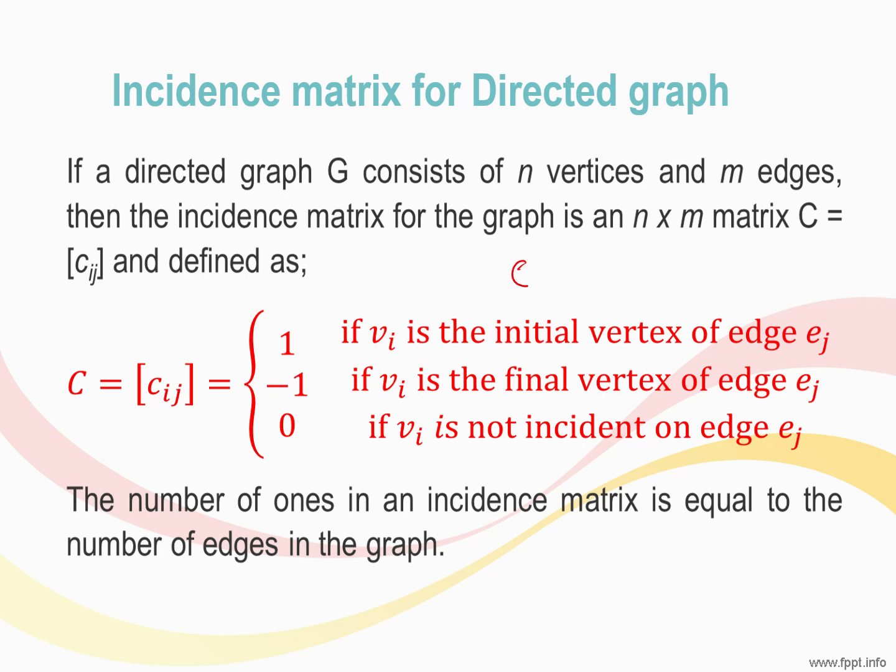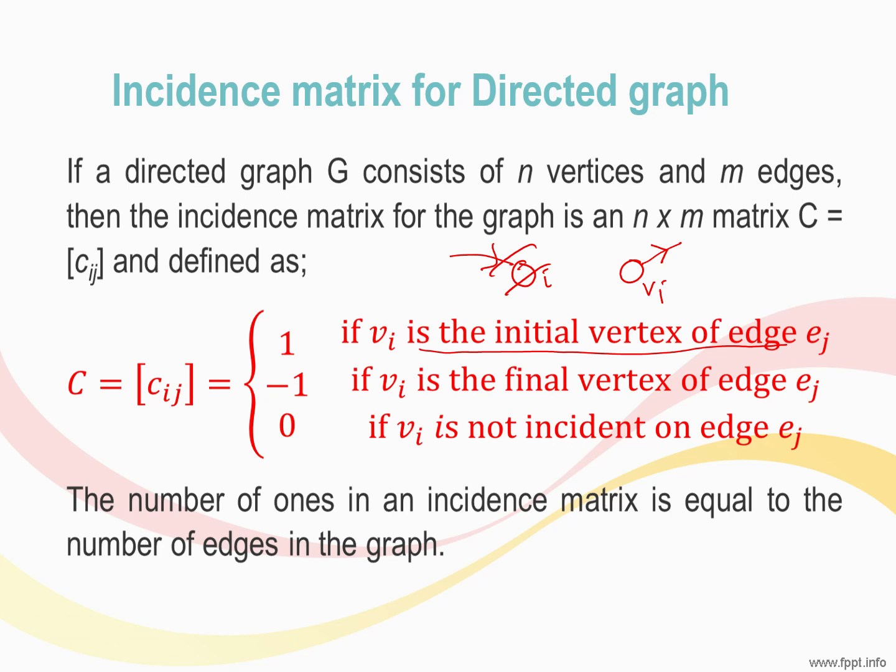If there is an edge going out from a vertex, let's say vertex Vi, then you have that Cij is equal to 1. Okay? If Vi is the initial vertex of Ej, this is simply described as the edge that is incident to vertex Vi with direction out from vertex Vi.